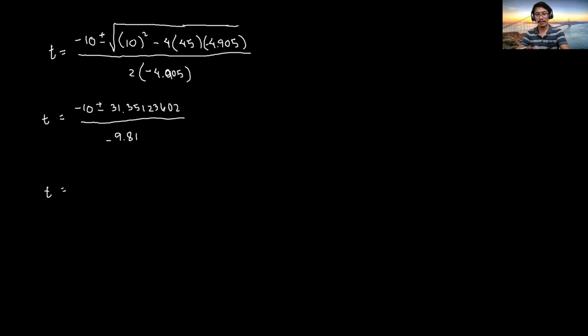So possible answer for time is negative 2.1764 seconds, kasi plus and minus yan, so dapat dalawa. So negative 10 minus 31.351236602 divided by negative 9.81. Or it could also be positive 4.2152 and so on seconds.